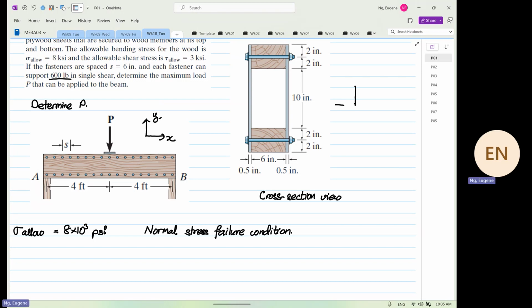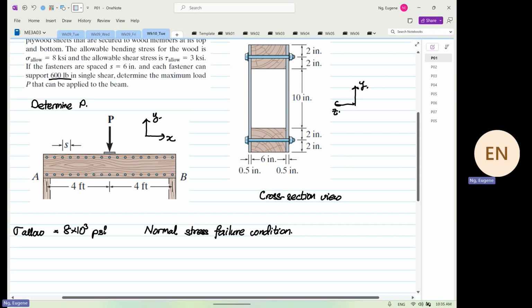So this is our Y, and this is our Z. So we know we are given that the allowable normal stress is 8 times 10 to the power 3 psi. So this is for the normal stress failure condition.